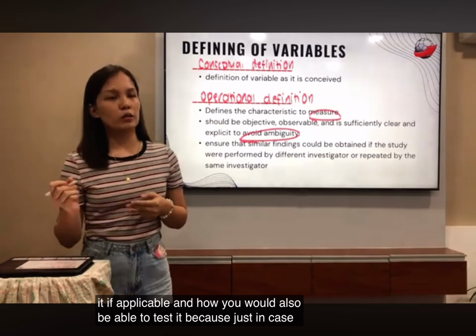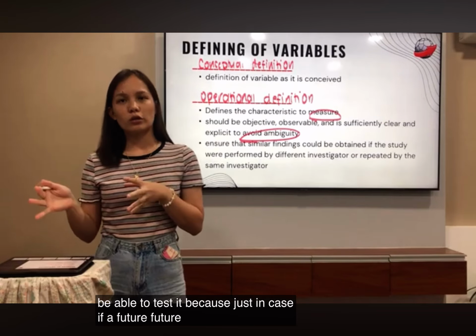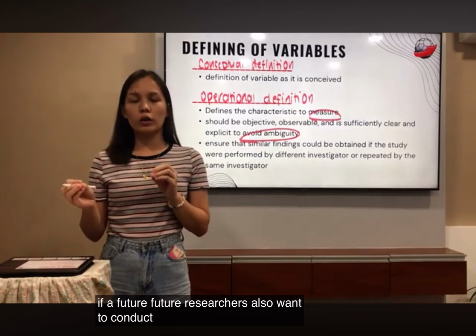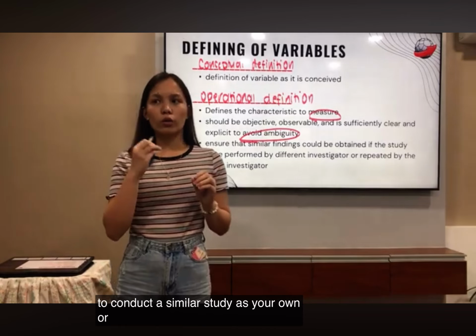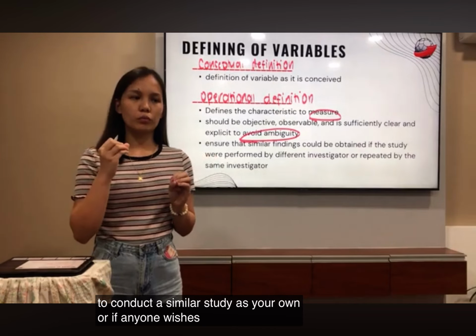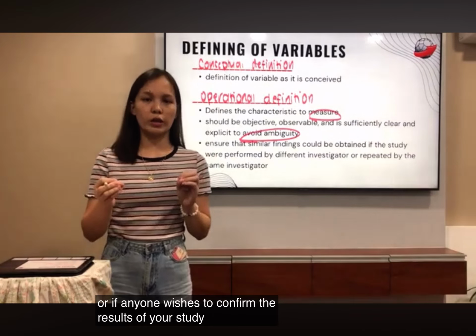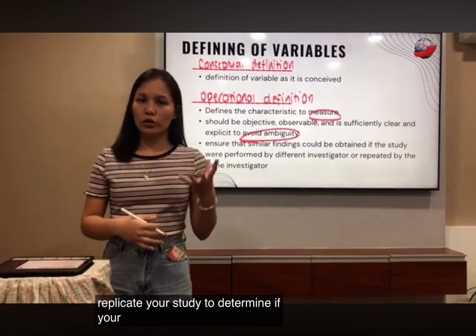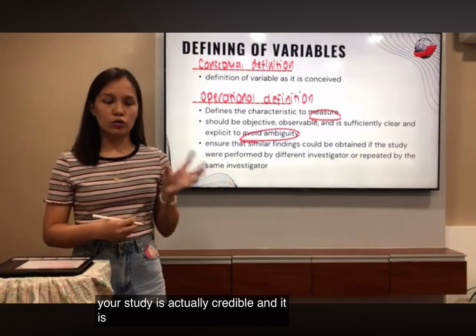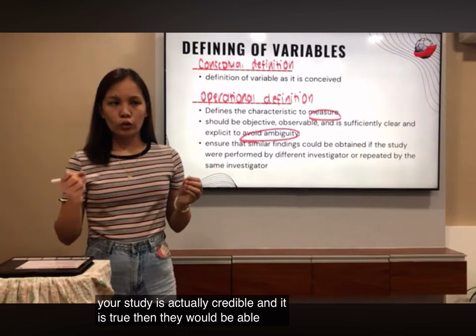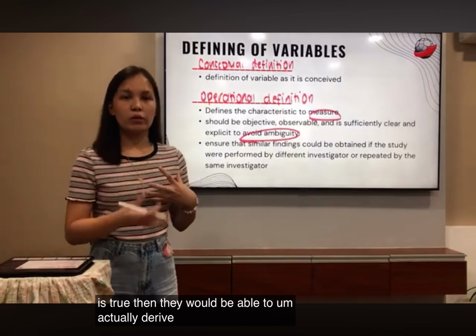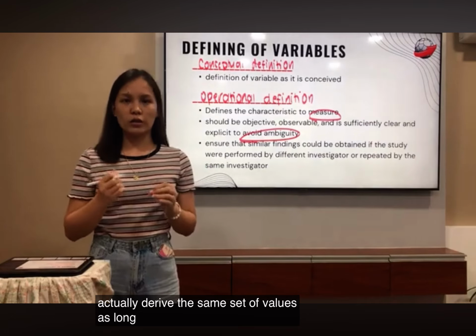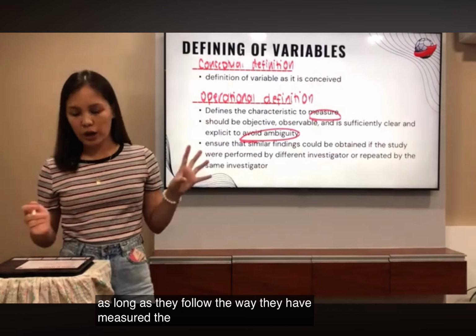Because just in case future researchers also want to conduct a similar study as your own, or if anyone wishes to confirm the results of your study and they want to replicate your study to determine if your study is actually credible and it is true, then they would be able to derive the same set of values as long as they follow the way they have measured the variables.